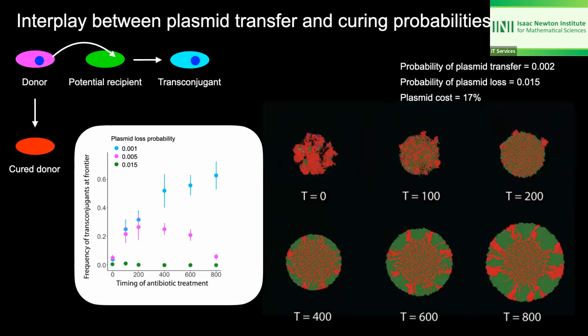And then, of course, you can switch this, and we can set the plasmid loss rate to be much, much higher than the plasmid transfer rate. And this looks flat. It's actually statistically monotonically decreasing like we initially expected. And here it makes sense because in this case, the plasmid is lost so rapidly that it can't keep up with the transfer, and it will decline and disappear from the system.